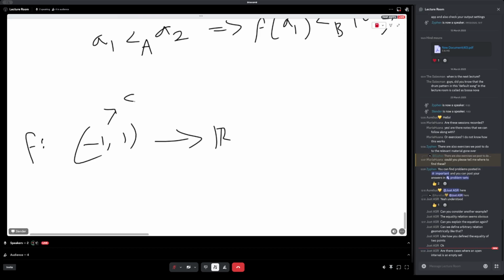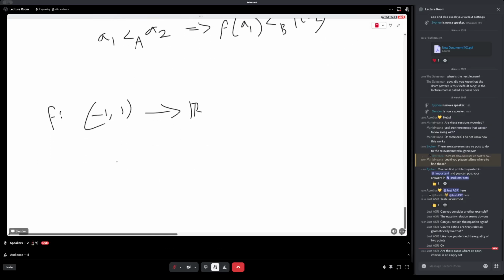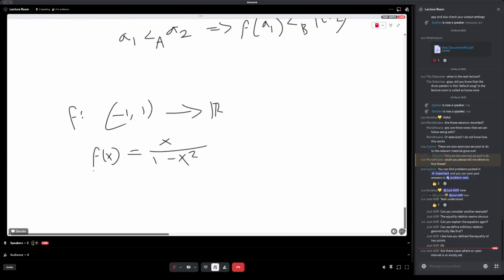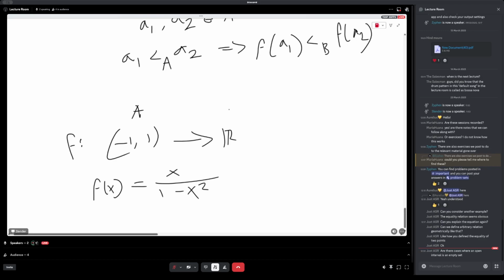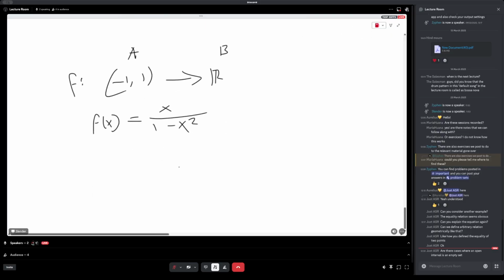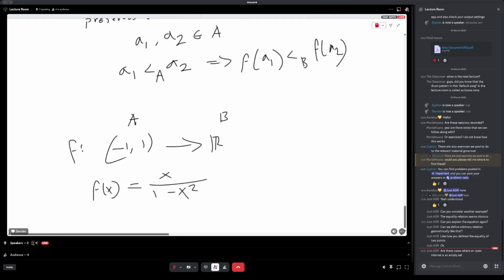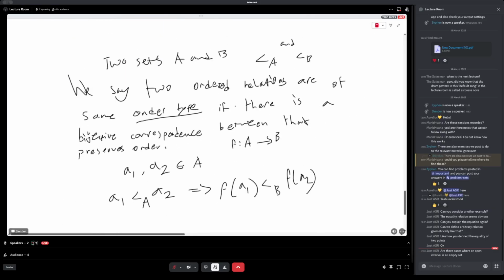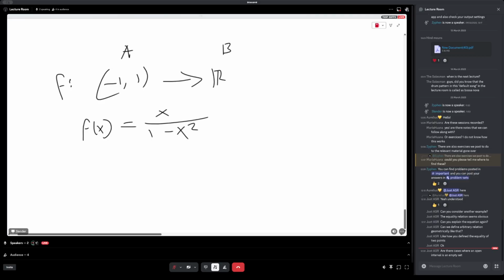Of course, both have the order relation less than, so these two sets have the same order relation. Let's say this function is defined like this. We want to show that set A and set B have the same order type. We really just need to show this function is bijective first, and then that it satisfies the order relation.